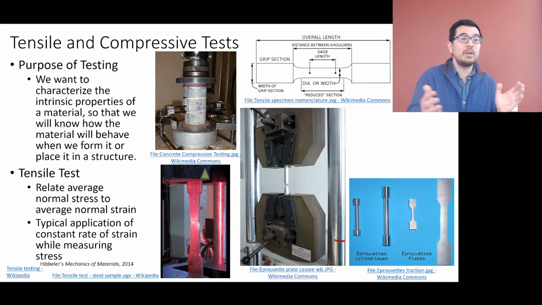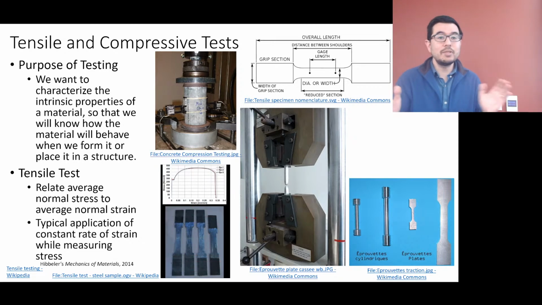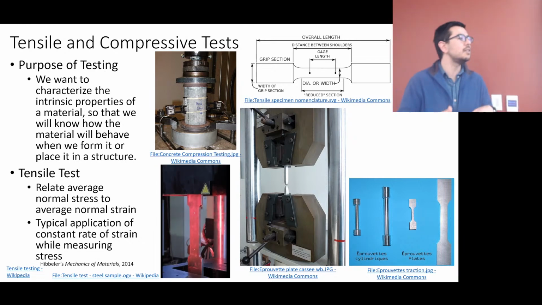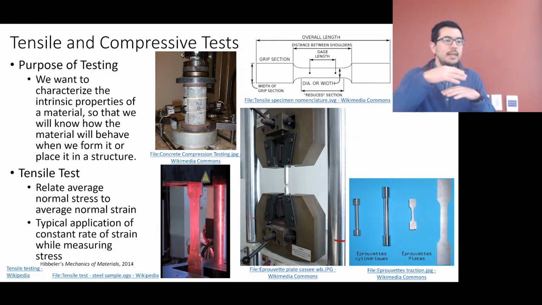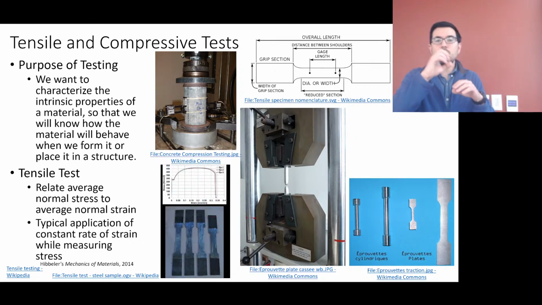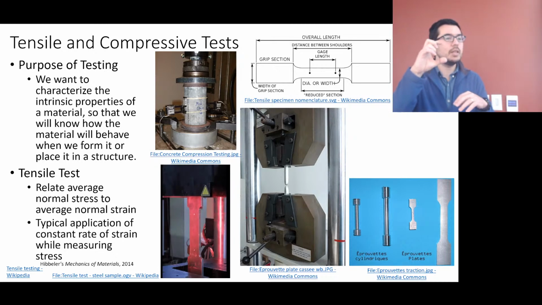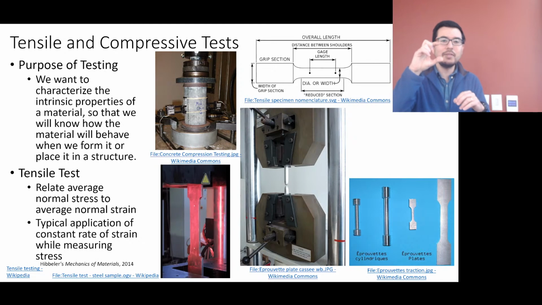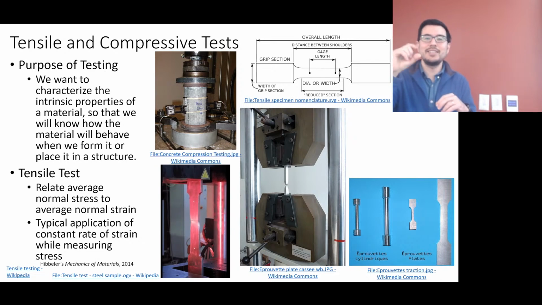Maybe we only want to go 100 microns a minute, whatever it is, within some resolution of the machine. We're going to apply that displacement, and we're going to measure the amount of extension either optically or with contact extensometers, as they're called. Real original name, extensometer.